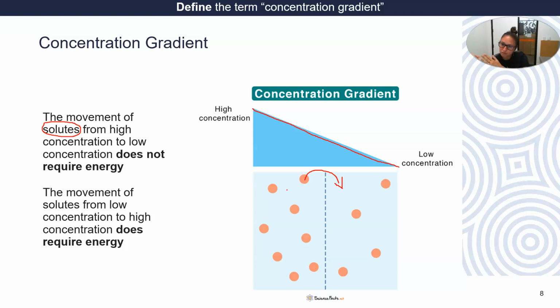Stuff is going to move. Now if we want to go the other way, from low to high, then we have to force the orange dot to where it doesn't want to go. And that does require energy. This is okay because it wants to go this way. This is harder because the orange dot doesn't want to go there.